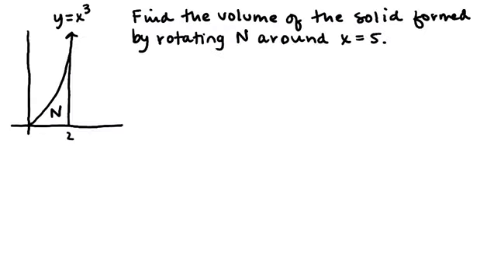All right, here we've got another thing that's going to end up looking like a volcano. We're going to find the volume of the solid formed by rotating region N, which is enclosed by the coordinate axes, y equals x to the third, and x equals 2, around the vertical line x equals 5. So maybe I'll draw this in, maybe that's 5, and draw a little axis of rotation.